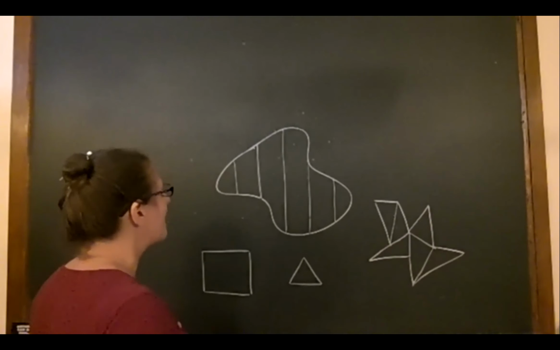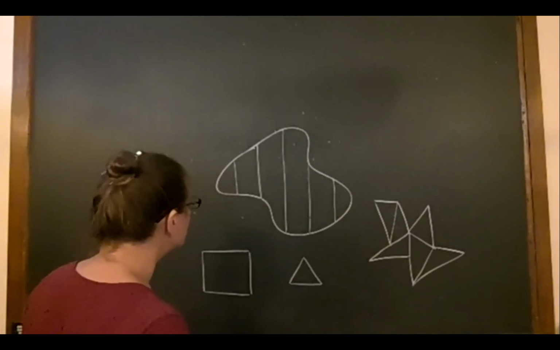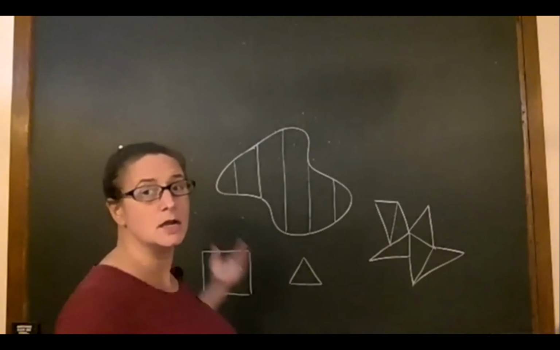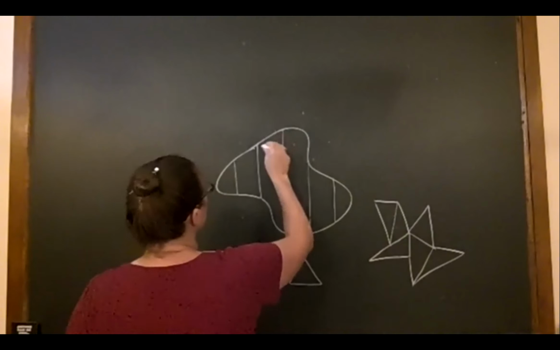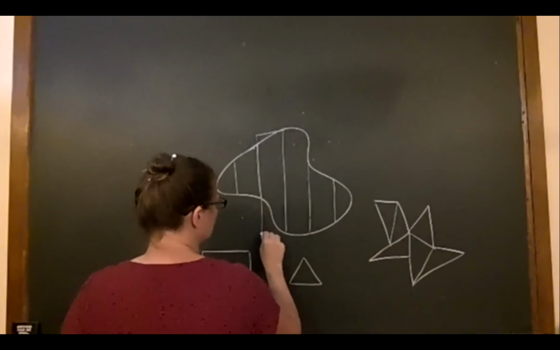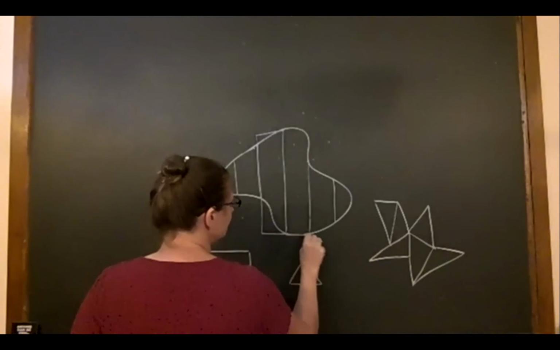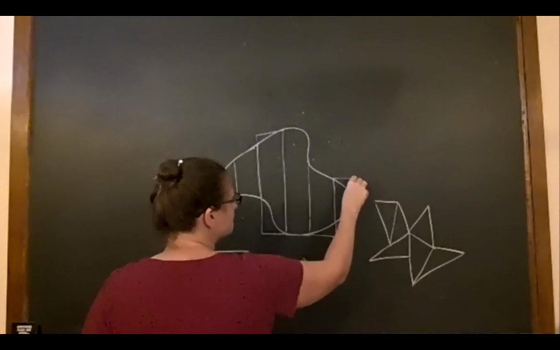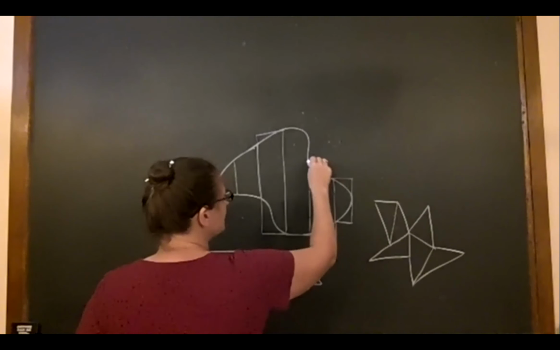But I can perhaps make some sort of approximation, and because rectangles are easy, let's just make them rectangles. Let's make them big rectangles so we have an overshoot. So I'm going to make some rectangles here, like this.